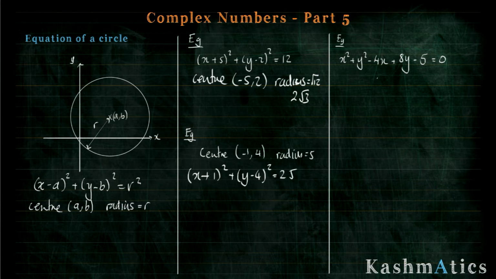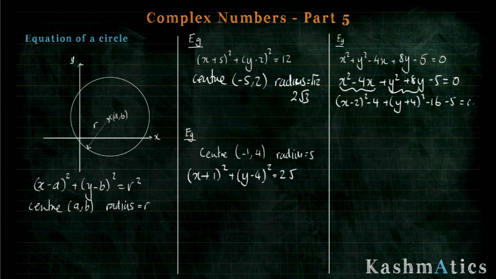Now sometimes you might have an equation like this, and what I need to do here is complete the square. So let's just write this in a slightly different order. x squared take away 4x, add y squared, add 8y minus 5 equals 0. I'm just going to complete the square for this part here, so that would be (x minus 2) all squared take away 4, add, now I'm going to complete the square for this bit, (y add 4) all squared take away 16 take away 5 equals 0, and let's just rearrange things slightly.